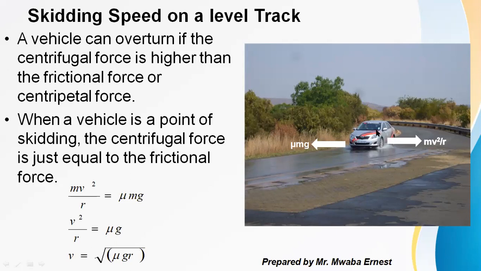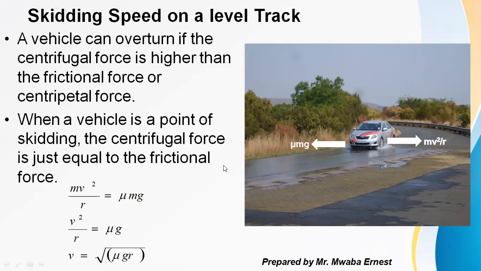Then the one which is trying to push it away from its path, so that it can overturn or skid outwards, or rather it may start by skidding and later on maybe overturn, is this force here, the centrifugal force, given by mv squared over r. If these forces are in balance, and especially if the friction force is far higher than the centrifugal force, then the vehicle can safely negotiate the curve.